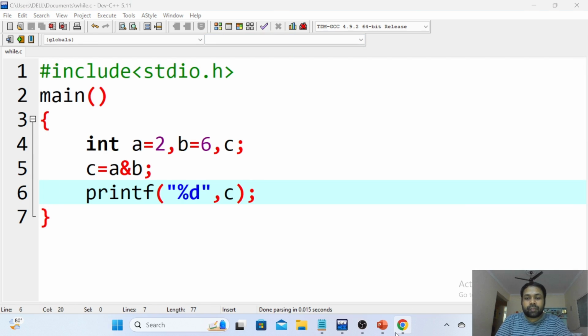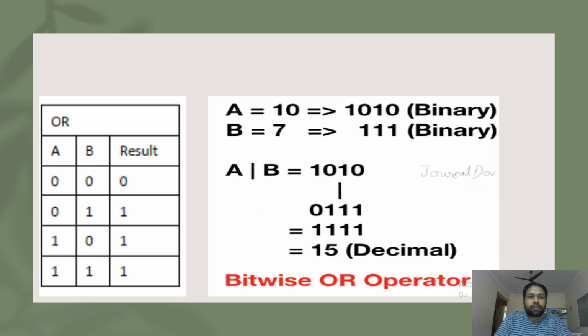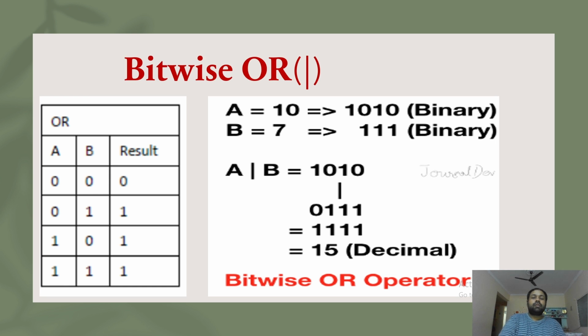And now let me shift to the next operator, Bitwise OR. The symbol used for Bitwise OR is the straight line. You can see this straight line above the enter button in your keyboard. Okay. So OR is quite interesting. If at least 1 is there, at least 0 or 1, answer will be 1.